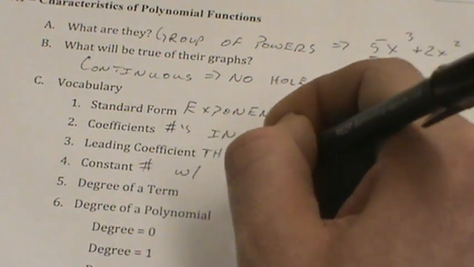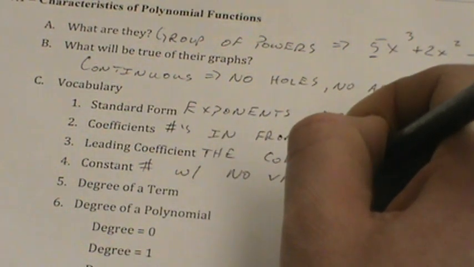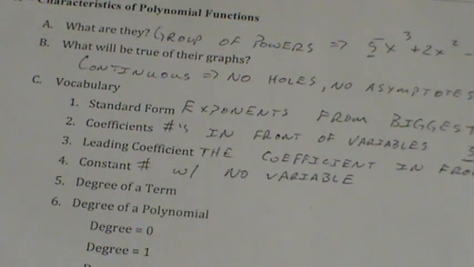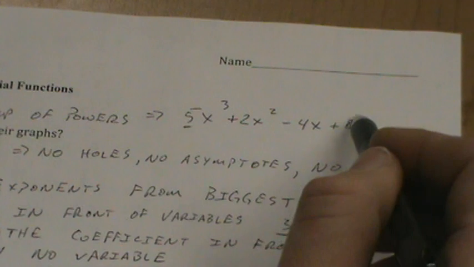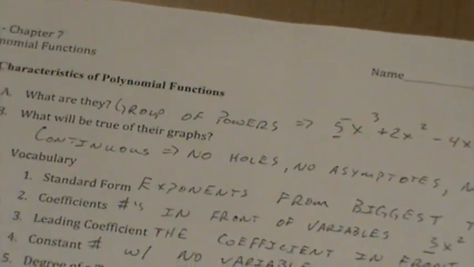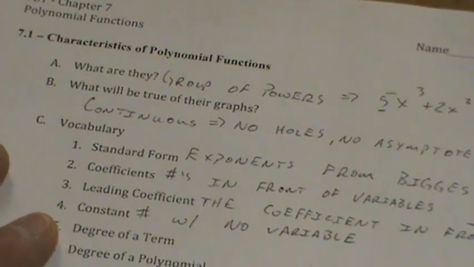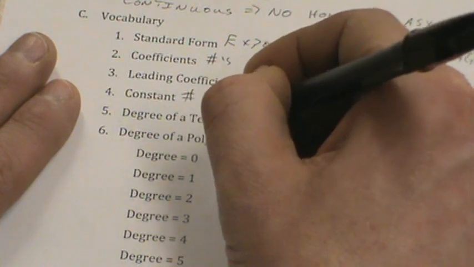A constant is a number with no variable. Think about the example we wrote down: this number 8 has no variable attached to it, so we're going to call that a constant. The degree of a term is going to be the addition of exponents.